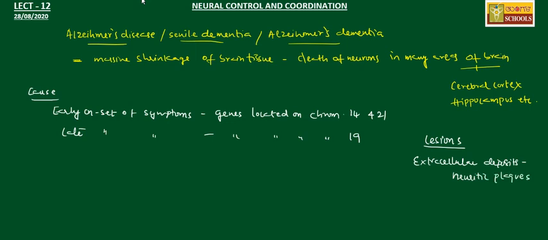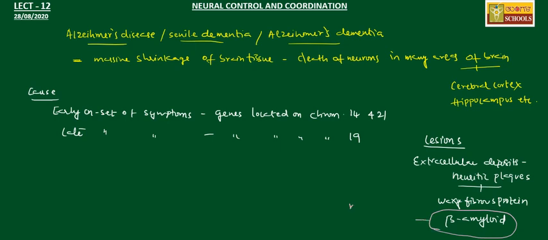These neuritic plaques are made up of a waxy fibrous protein called beta amyloid. This beta amyloid is a neurotoxic substance.